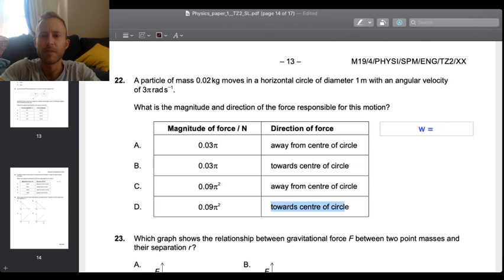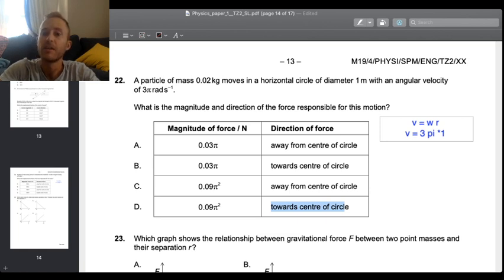I take it back. I taught you that V equals omega r. So that means that V equals 3 pi times r. So the velocity is 3 pi.